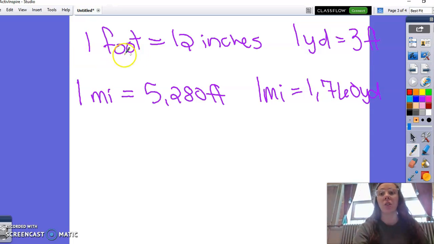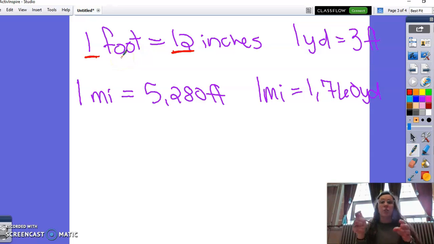So if we look at this example, this would be our base unit, inches, and our base number would be 12. There are 12 inches in 1 foot. Inches we know is smaller than feet. An inch is like this and a foot is like this. So since inches is the small one, we always look at the smaller unit, the base number that goes into one of the bigger unit.